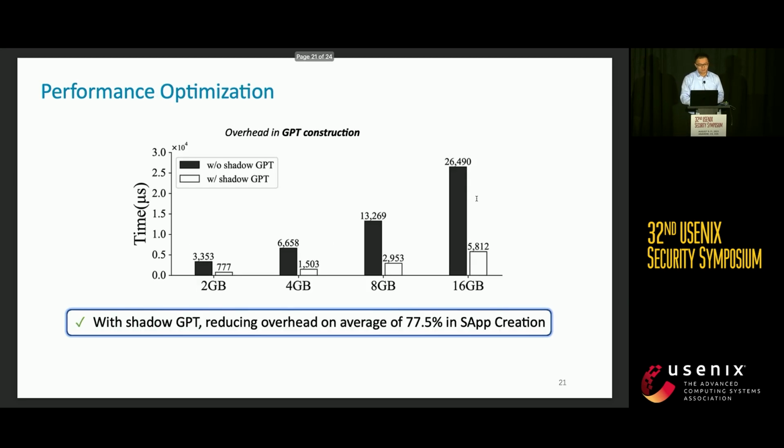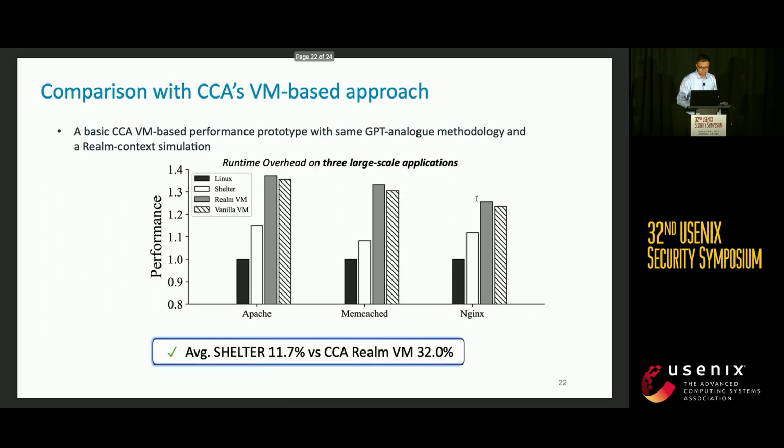And as we said, we also did some optimization for the GPT construction, and we use this shadow GPT concept, and then as you can see from the experiment, we reduce 77% overhead in terms of S-app creation.